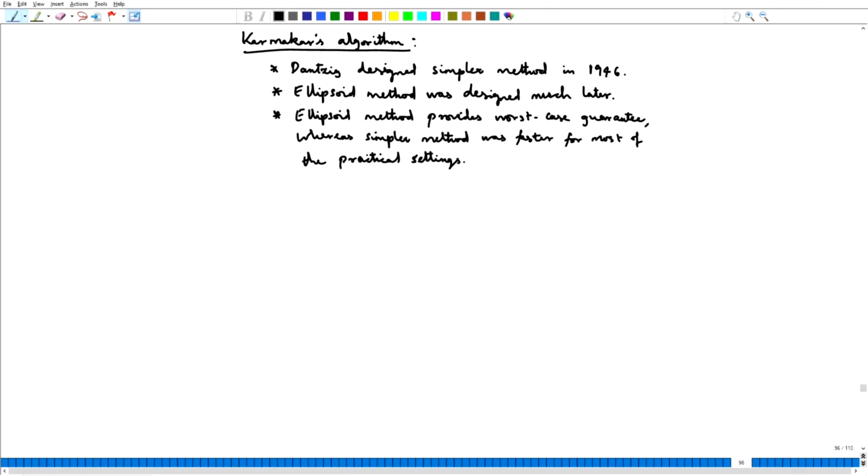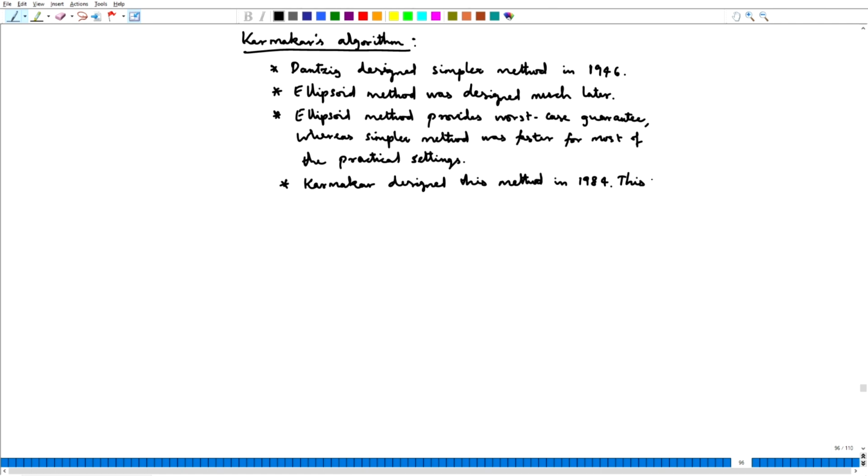So people were always using the simplex method. All this until Karmarkar designed his method in 1984.